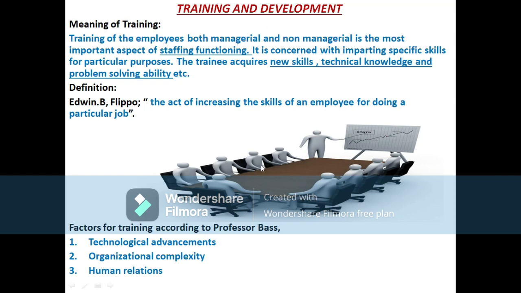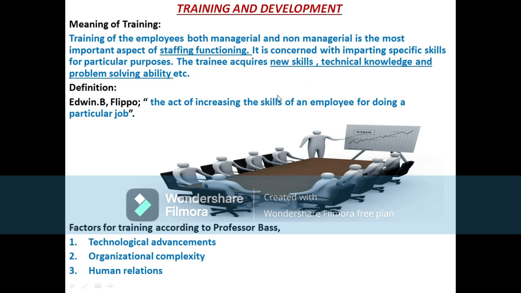As a definition given by Edwin B. Flippo regarding training: the act of increasing the skills of an employee for doing a particular job. Training means the act of increasing skills, technical knowledge and problem solving abilities.